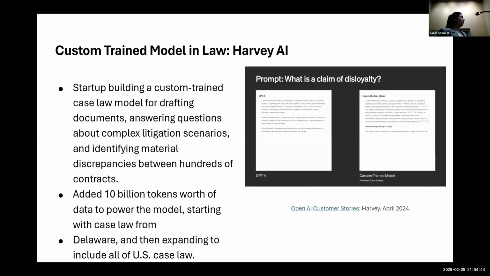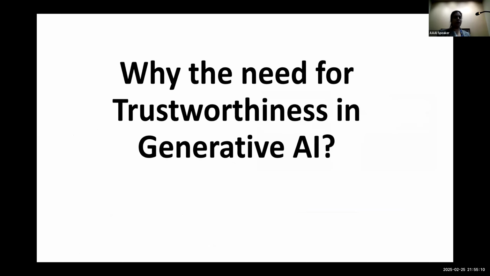In 2024, the famous startup Harvey AI built their custom trained LLM using OpenAI, and they claimed they were able to reduce hallucination because it was 10 million tokens worth of data, and that started this case law firm, and they are now working with this LLM, Harvey AI.